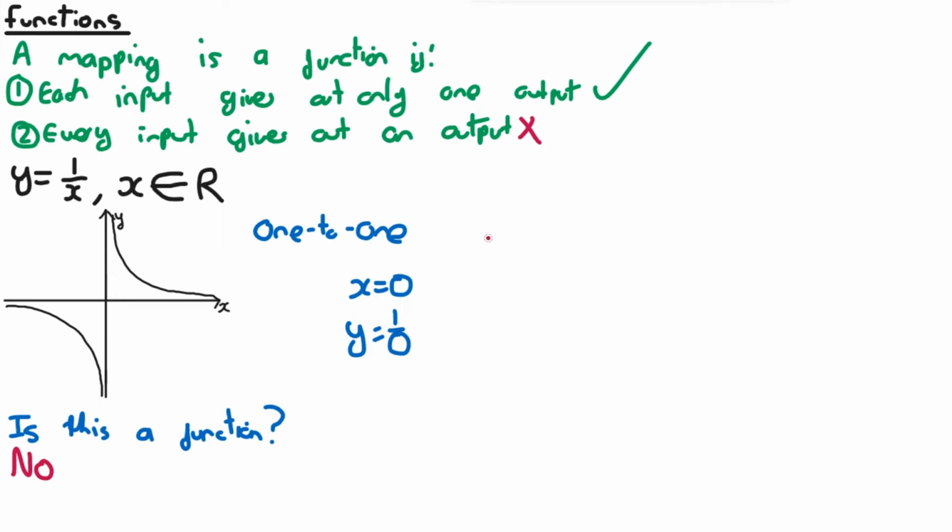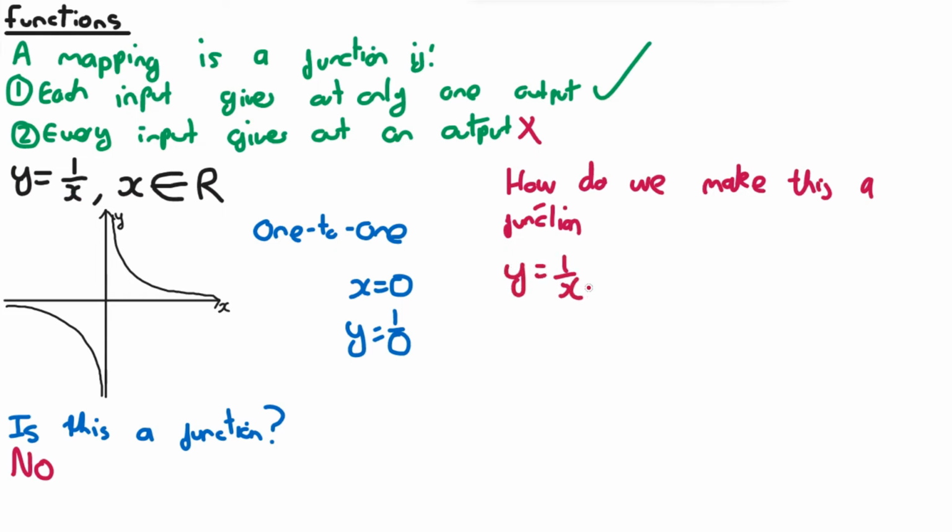So the question I'm going to ask again is, how do we make this a function? Well, again, we alter the domain. So this is still fine, y is equal to 1 over x, and this works for every single value except for 0.